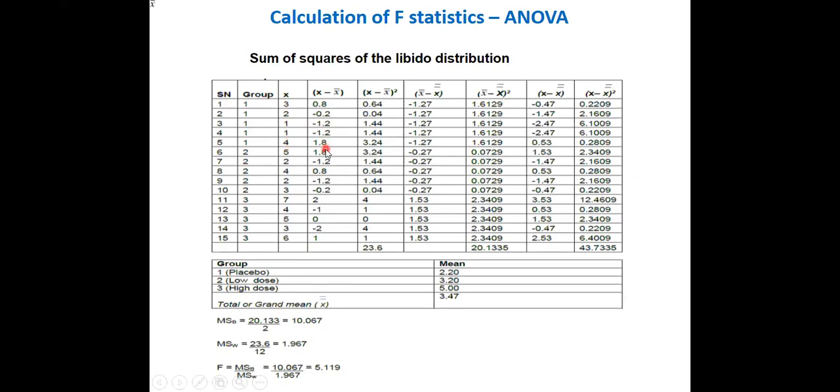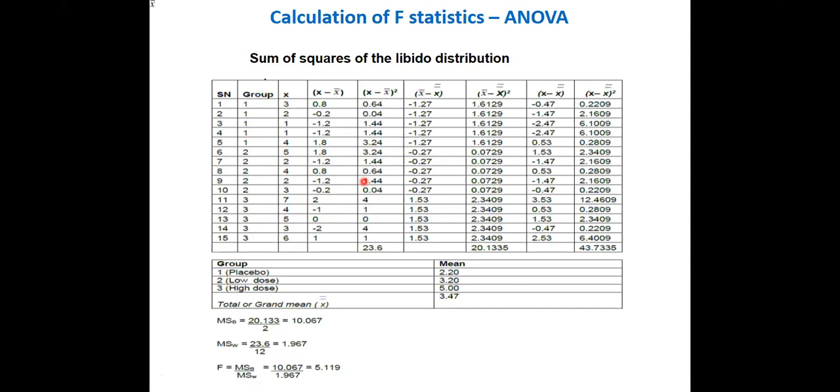This one removes 3.2, the mean for the next 5, from those values. And the last one removes the group mean for group 3 from its values. If you now square them and add everything together, it gives you the sum of squares. So this is measuring the variance within each group, within all 3 groups.